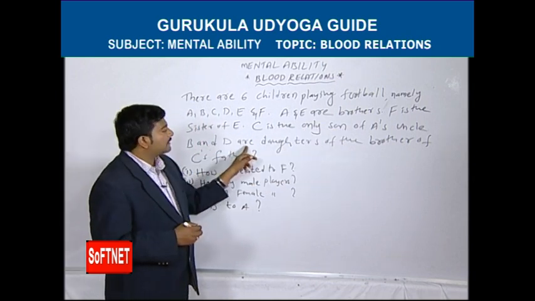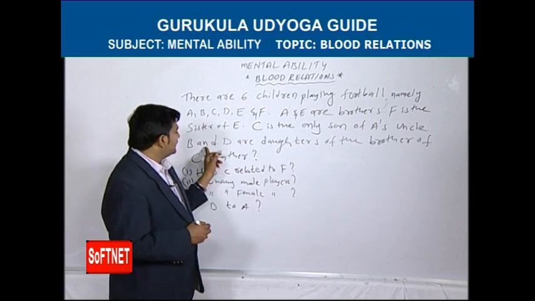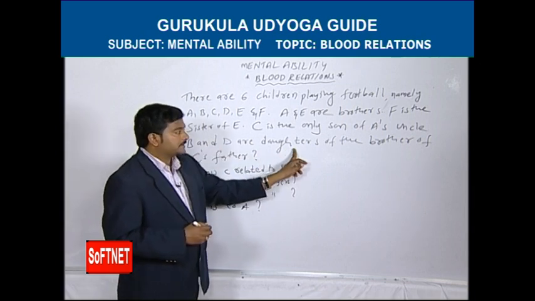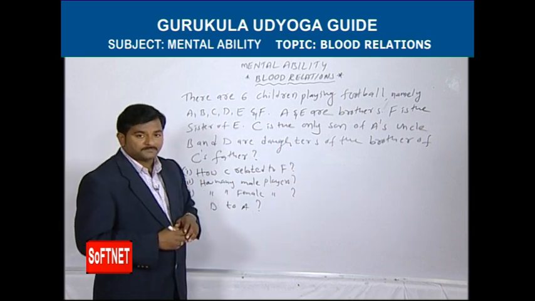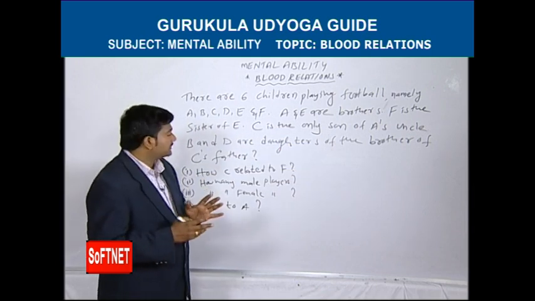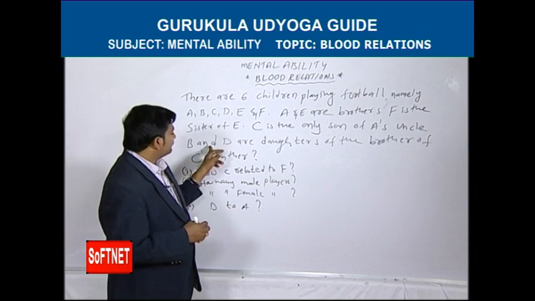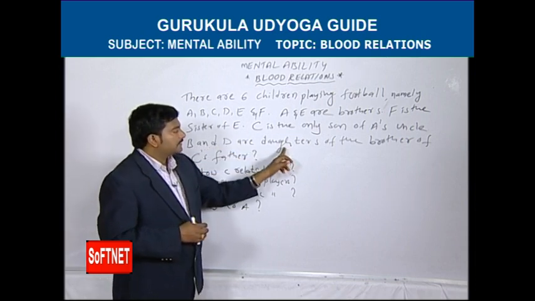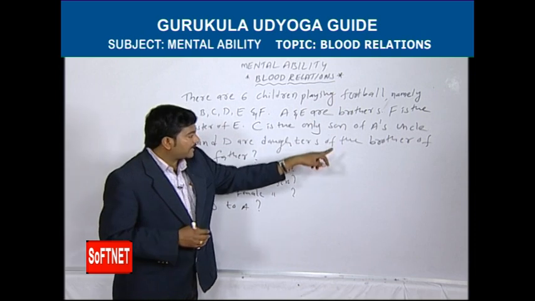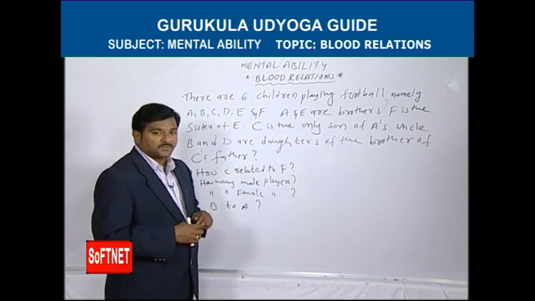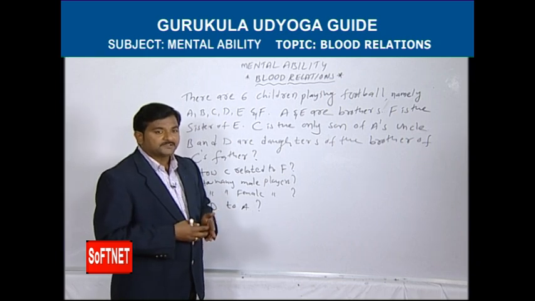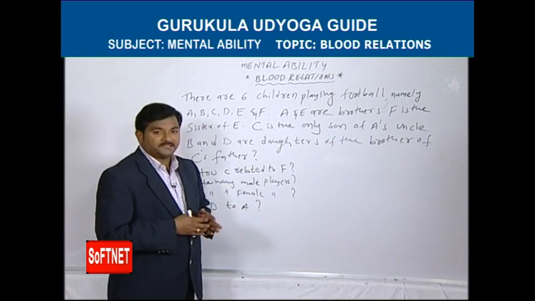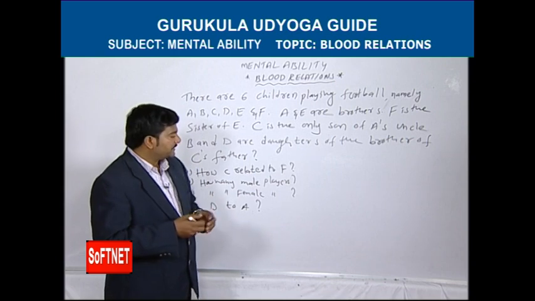B and D are the daughters of the brother of C's father. Somewhat complicated part. I repeat, B and D are the daughters of the brother of C's father. If the question were in Telugu, you might understand more clearly. Since it is in English, you may suffer. You need not worry.